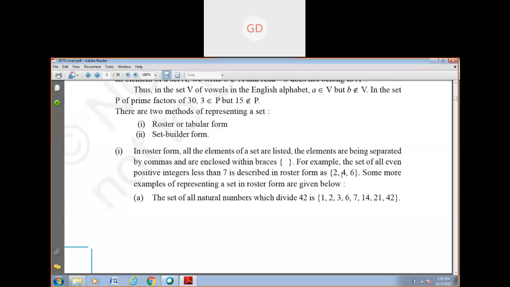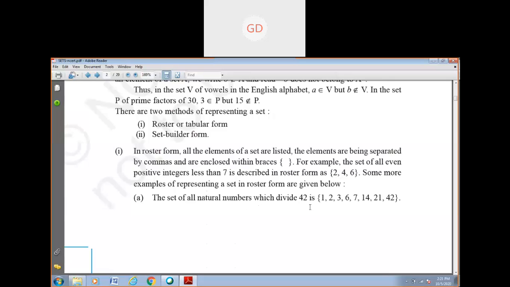Here in this example, 2, 4, 6, and the set is named small a. Another example: the set of all natural numbers which divide 42, that is, all factors of 42. By which numbers can we divide 42 with remainder 0, that is, divisible?